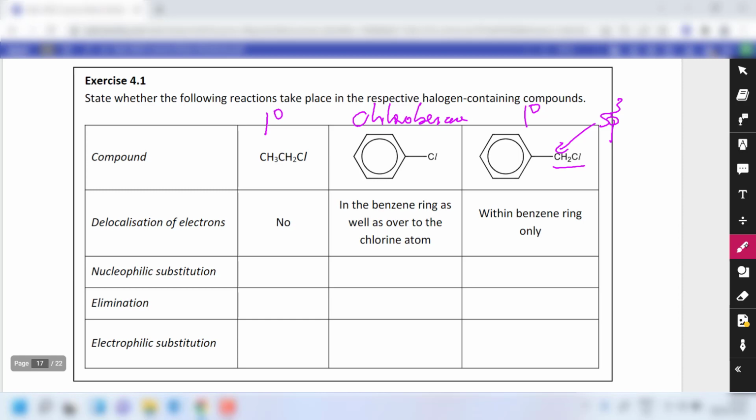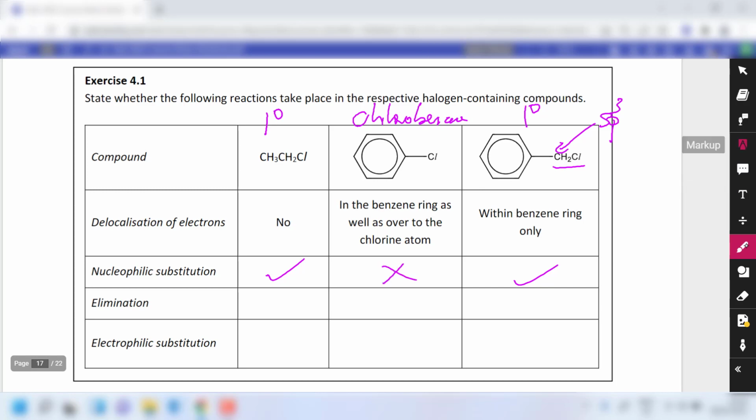But the sigma withdrawing effect dominates. Nucleophilic substitution, of course, occurs here, and this occurs as well. But for the case of chlorobenzene, then no, not possible.